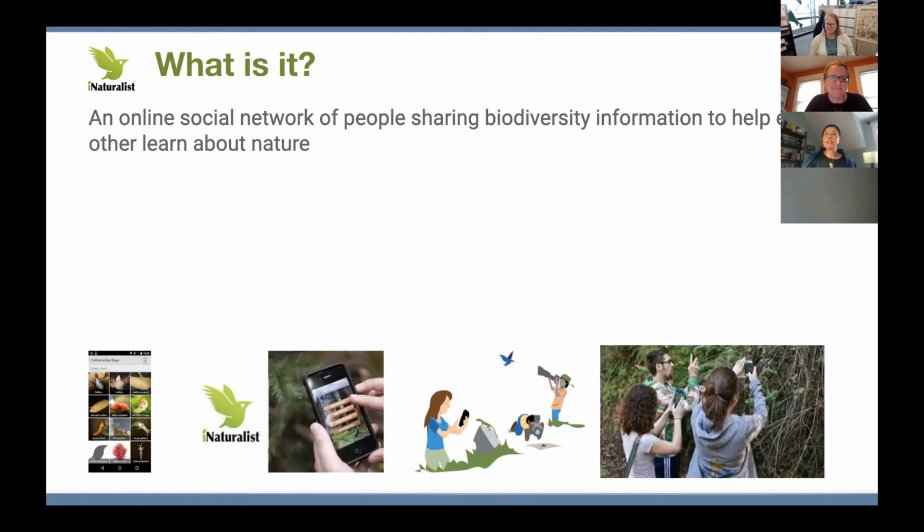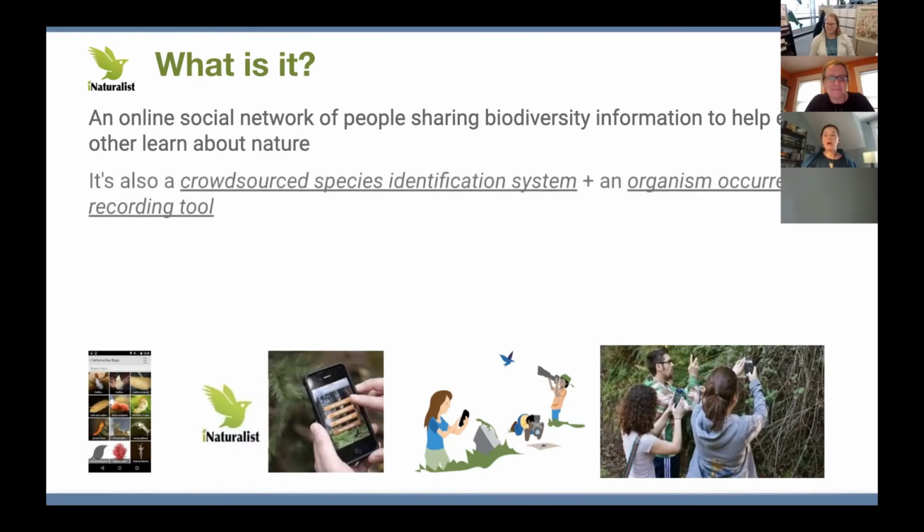So this is a fantastic tool to learn about nature, and I'll tell you a little bit more about that, because this is really showing and leveraging some cool technology in artificial intelligence. What it is as well is that it is a crowdsourced species identification system. What it means is that when you are in the field and you take your picture with your phone or with your camera that you upload later to iNaturalist, you don't necessarily need to know the species that you are looking at, right?